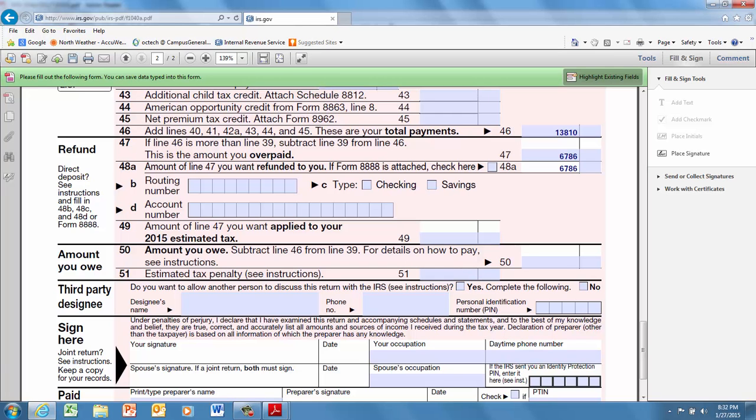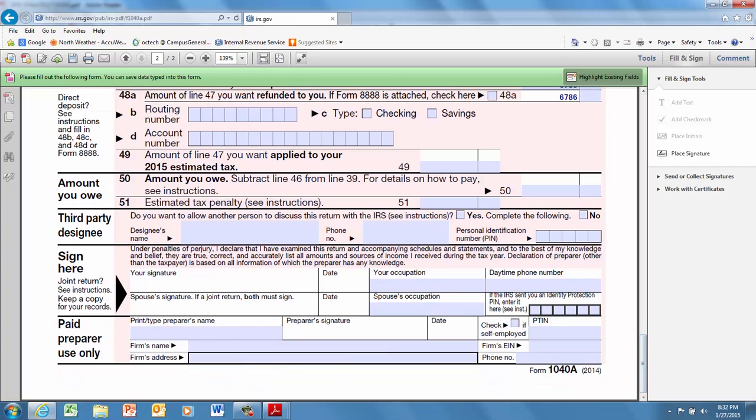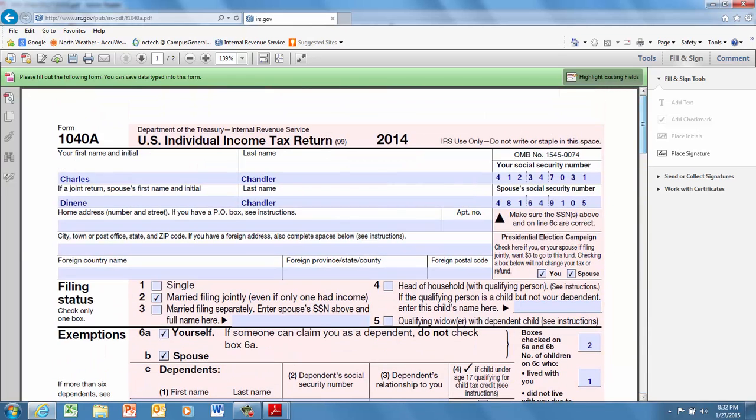Here's our third-party designee line. It's the same as the 1040EZ. Again, you will not be signing anything in the signature section, but you would go down here to the paid preparer and type your name. Then you would save this.